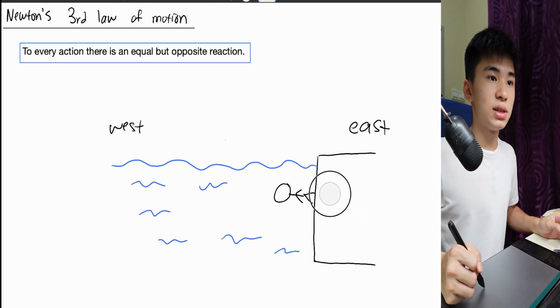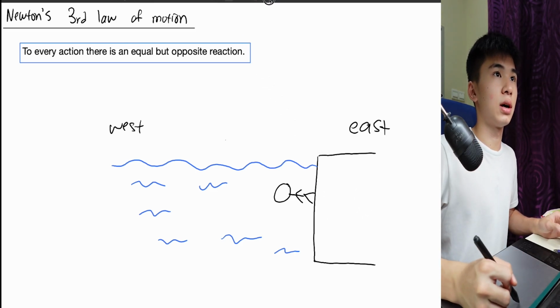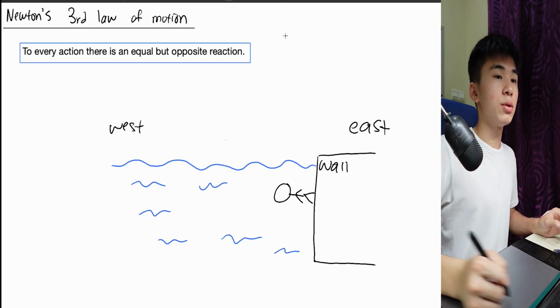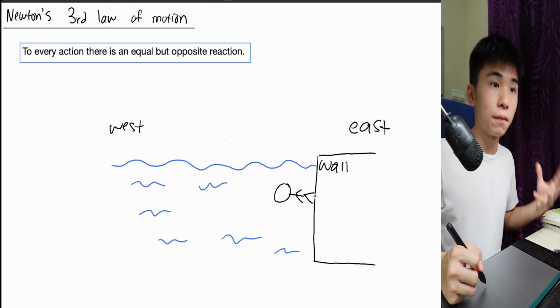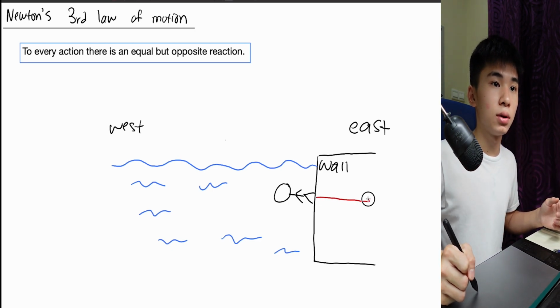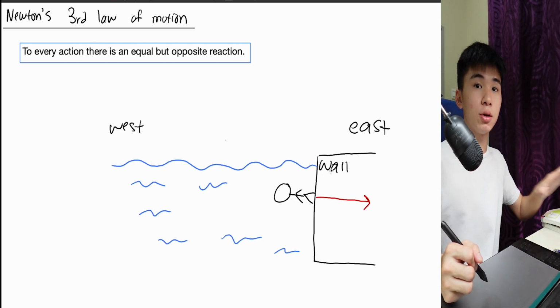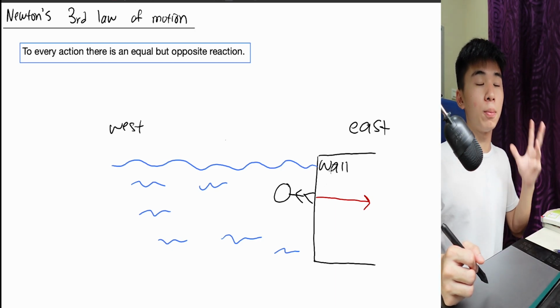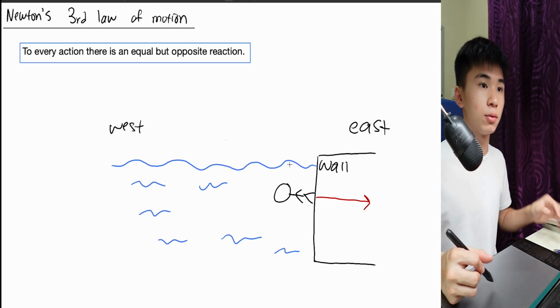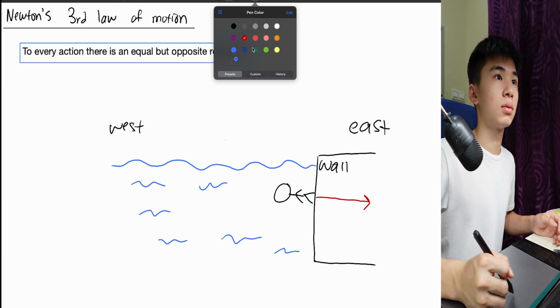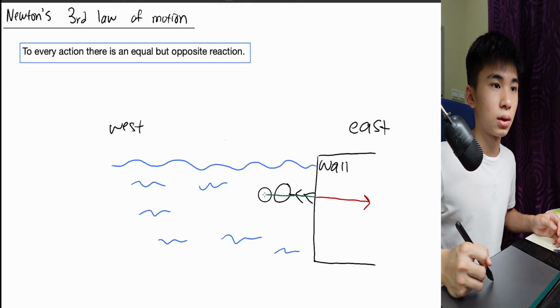and let me just erase this wall word first, I will write it here. Every time you exert a force on this wall in the east direction, at the same time the wall is pushing you. When you push the wall, the opposite direction is going to push back on you. It is pushing you like this.